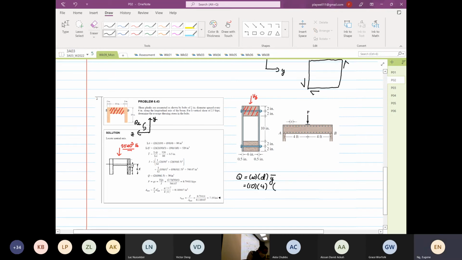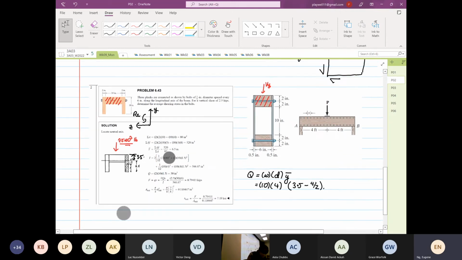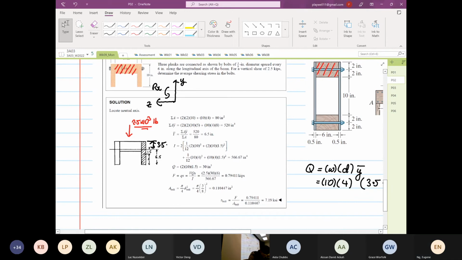The y bar, from the top, from here to here, is equal to 3.5 because the whole thing is there. So it's 3.5 minus 4 divided by 2. Now, if you look at the figure, I'm going to zoom in on the figure. Over here, this is our centroid.